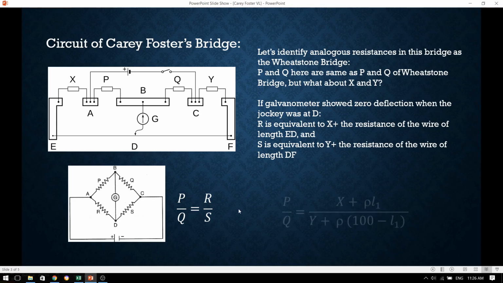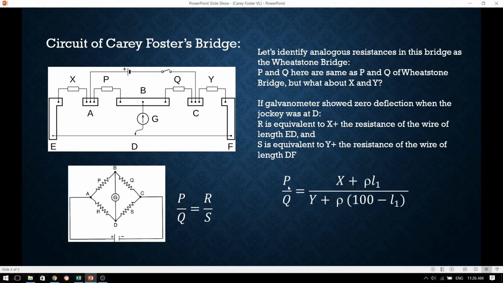In this scenario, we can write that P by Q on the Carey Foster bridge is equal to X plus rho into L1. Now you might be wondering, who is this L1 and what is this rho? This L1 is nothing but the length of ED. Then how do I calculate the resistance of this length of wire ED?